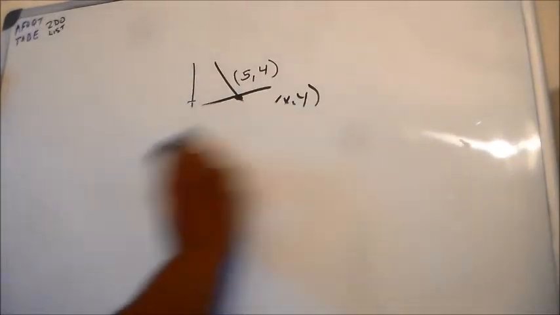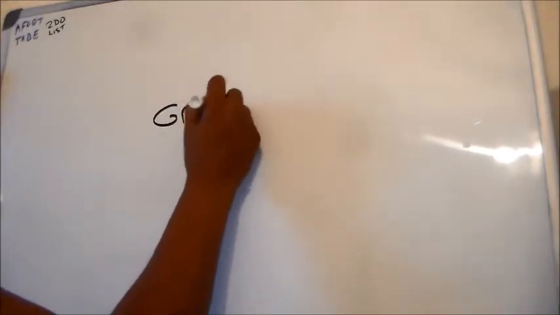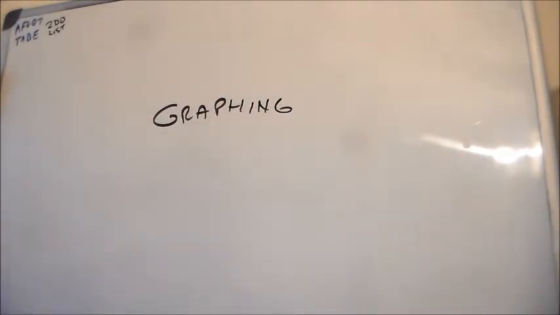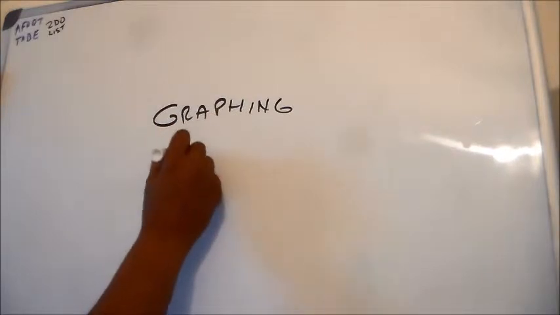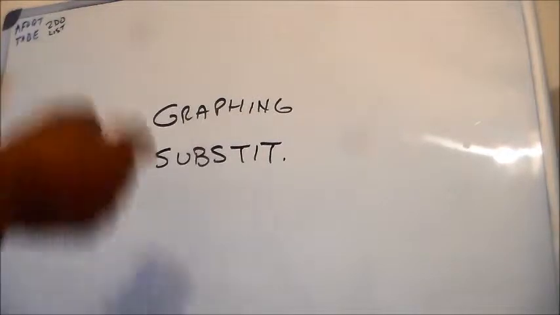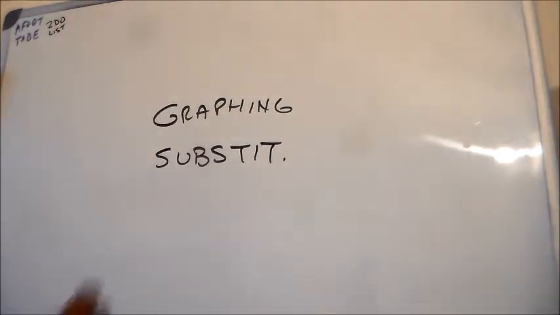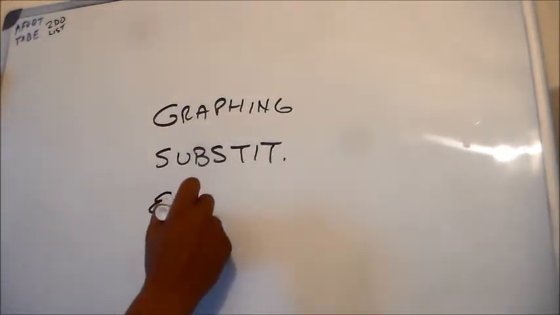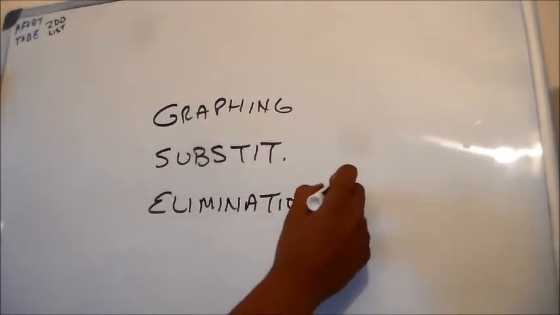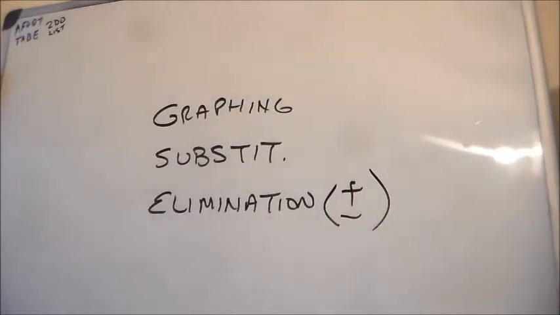So, that being said, there are four methods we use. We're either going to get graph paper out and graph, which is the graphing method. We will use substitution, or sub for short. Or we'll use a process of elimination, and we will add or subtract to get it.